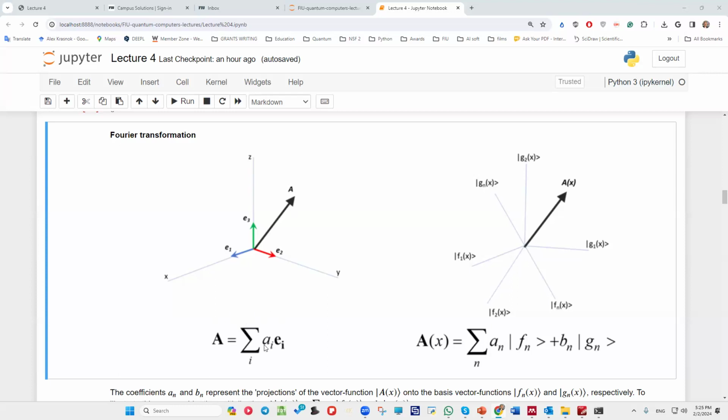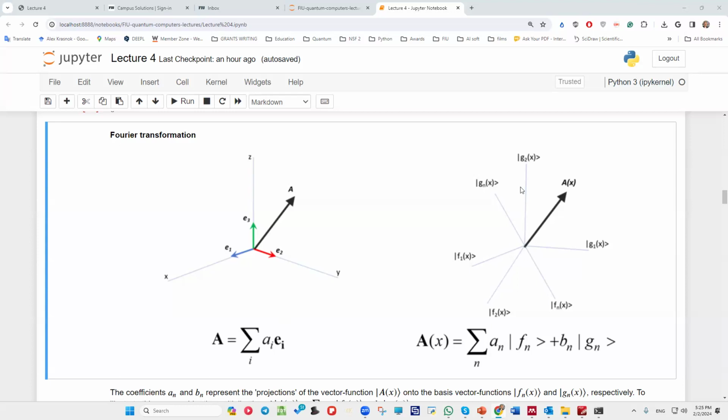This is just the sum of the products of the vector projections Ai times the basis vector ei. So I can represent any vector in this space in this form.